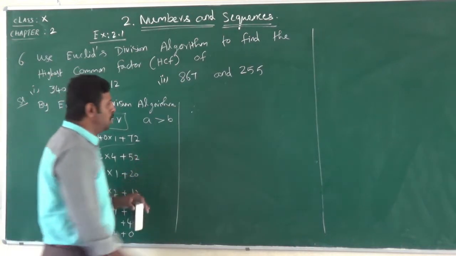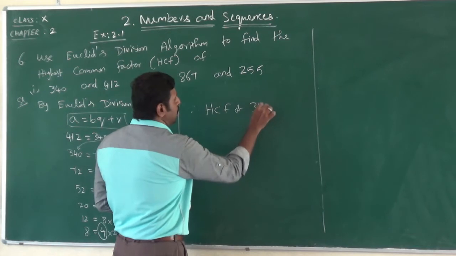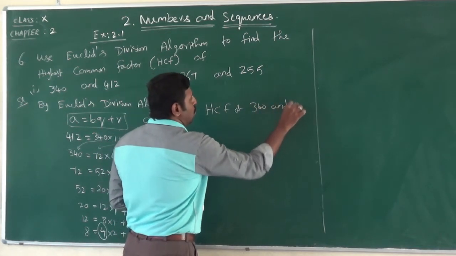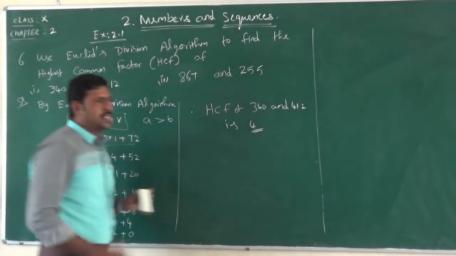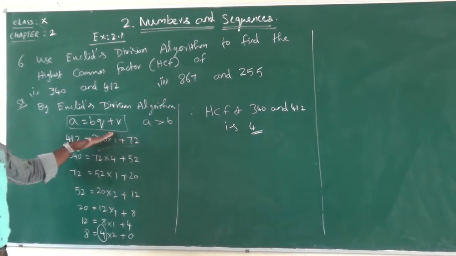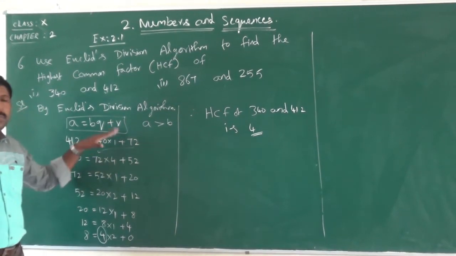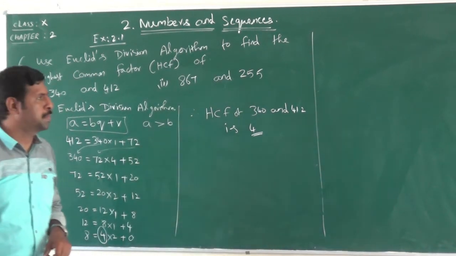Therefore, the HCF, the highest common factor of 340 and 412, is 4 by the step-by-step method. This is the way to find the highest common factor by using Euclid's division algorithm.